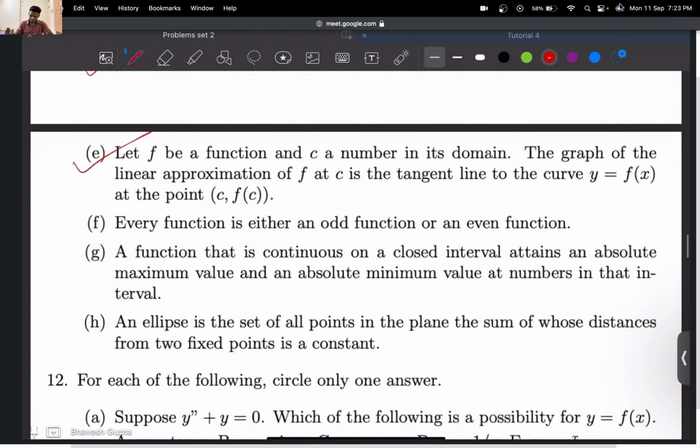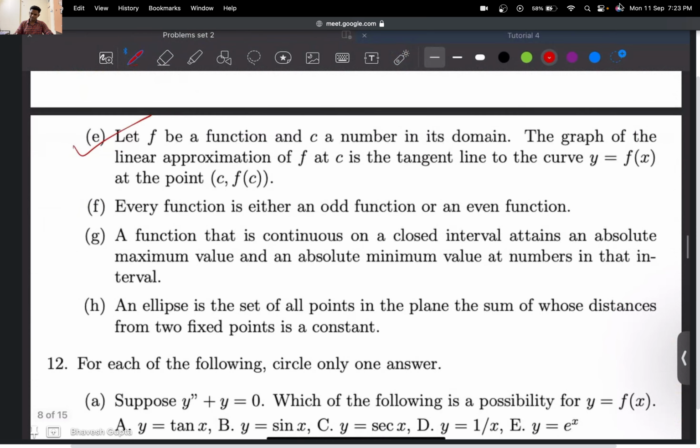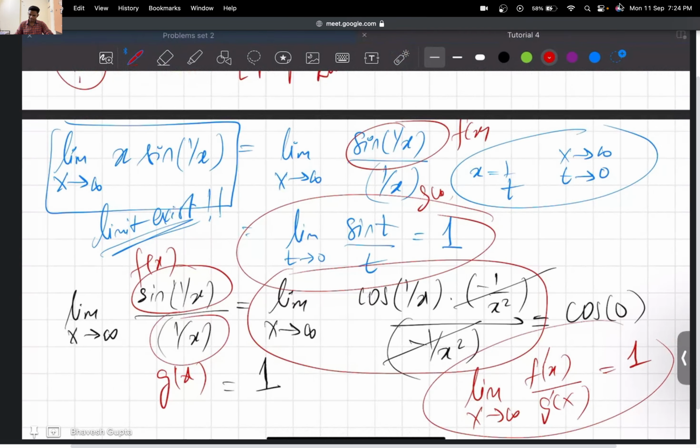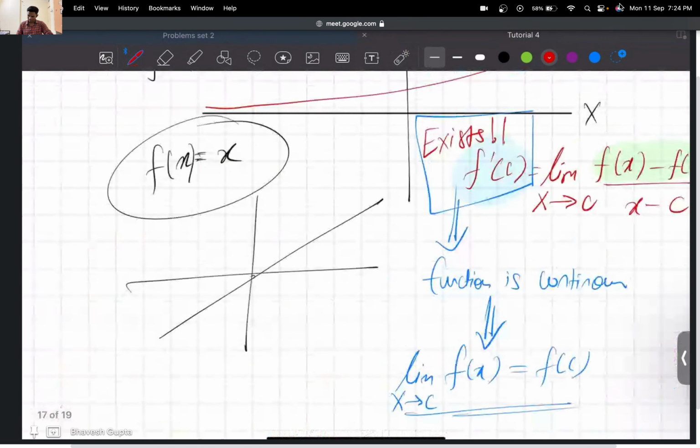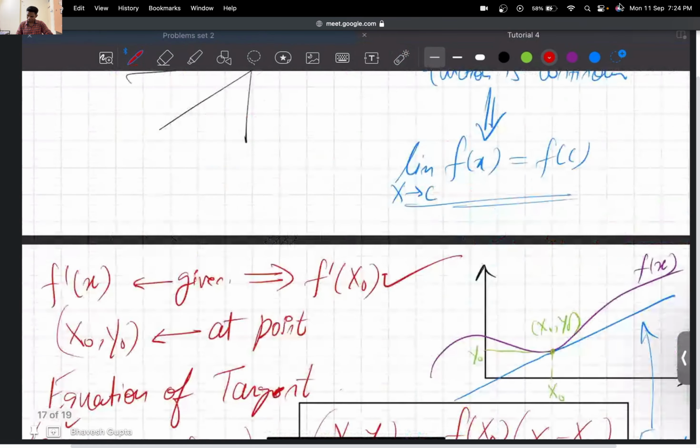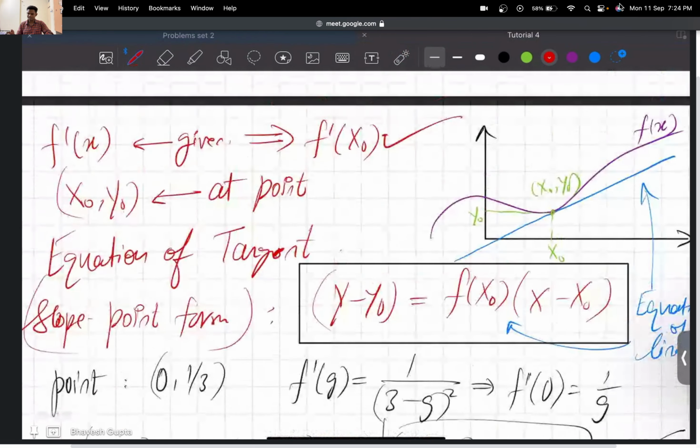We have also discussed this. This question is again the same, and this C part is the same as what we discussed here. You can see this is a linear approximation of the function.